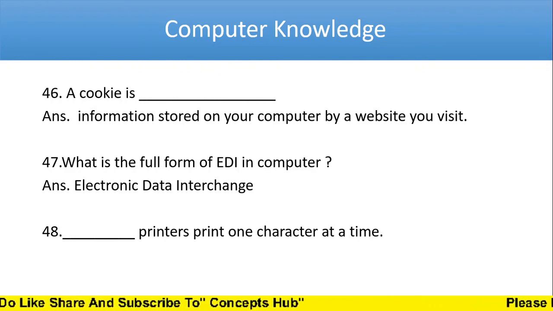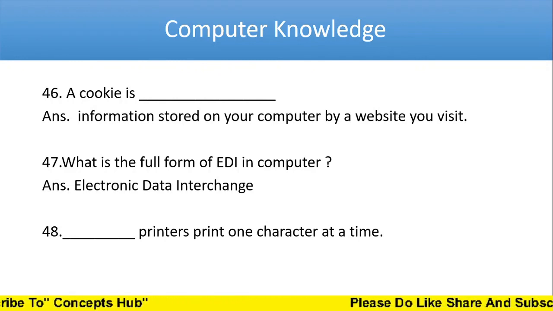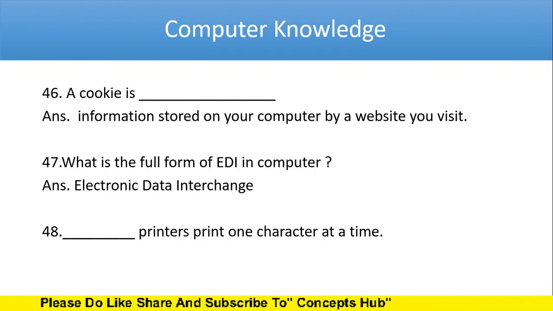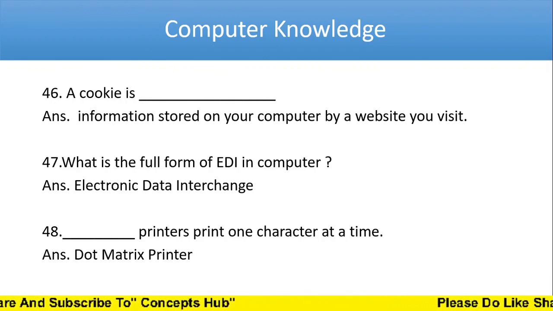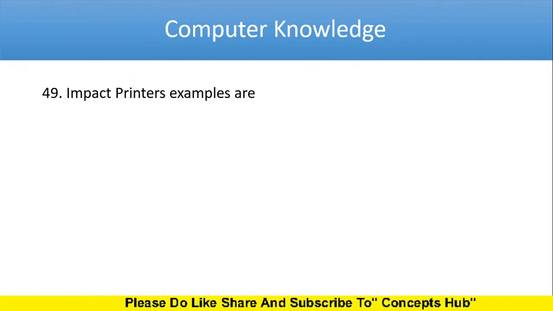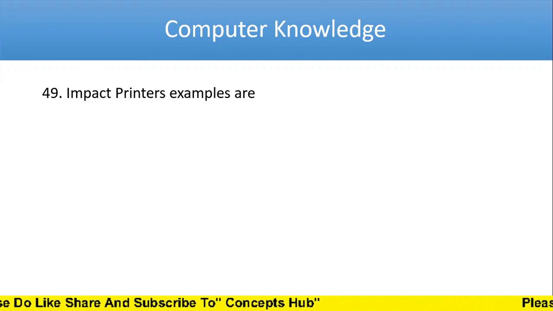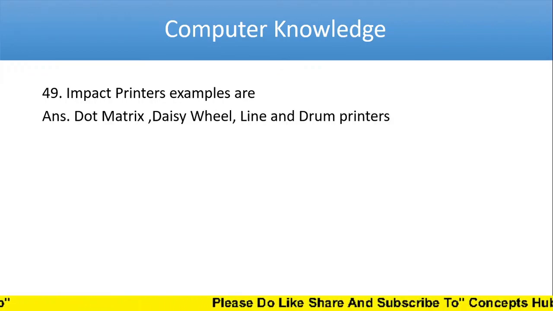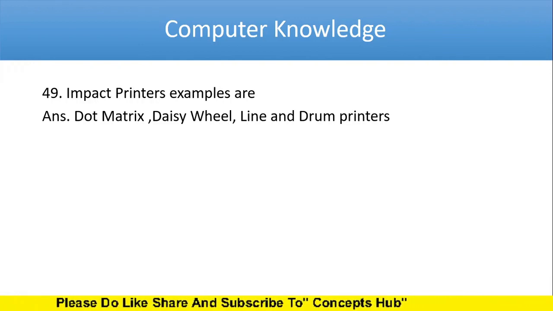Next, dash printers print one character at a time. Answer is dot matrix printer. Next, impact printers example. Answer is dot matrix printer, daisy wheel printer, line printer, drum printer.